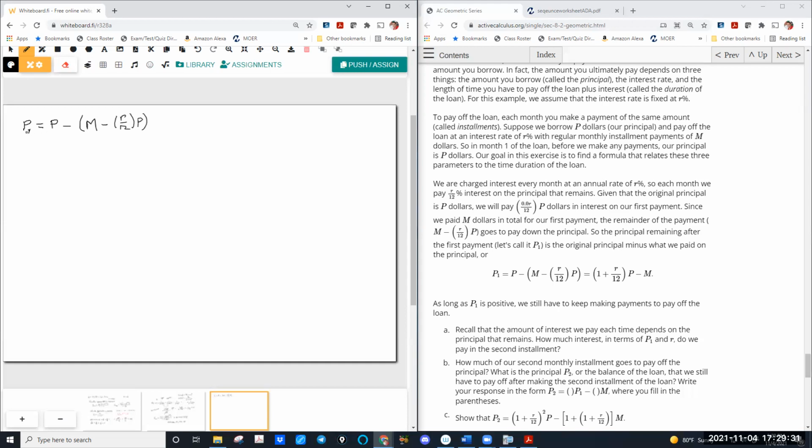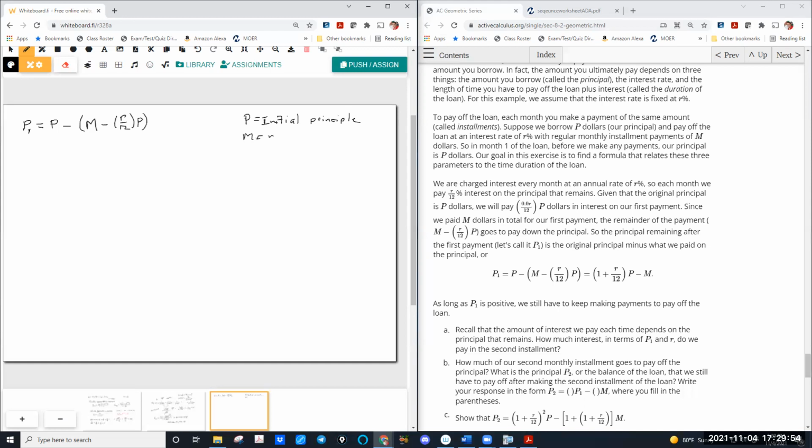So our principal after 1 month is our initial amount, the initial loan amount. Let's write that down. P equals our initial principal. So if we borrow $100,000, that's the 100,000. So that's our initial principal.